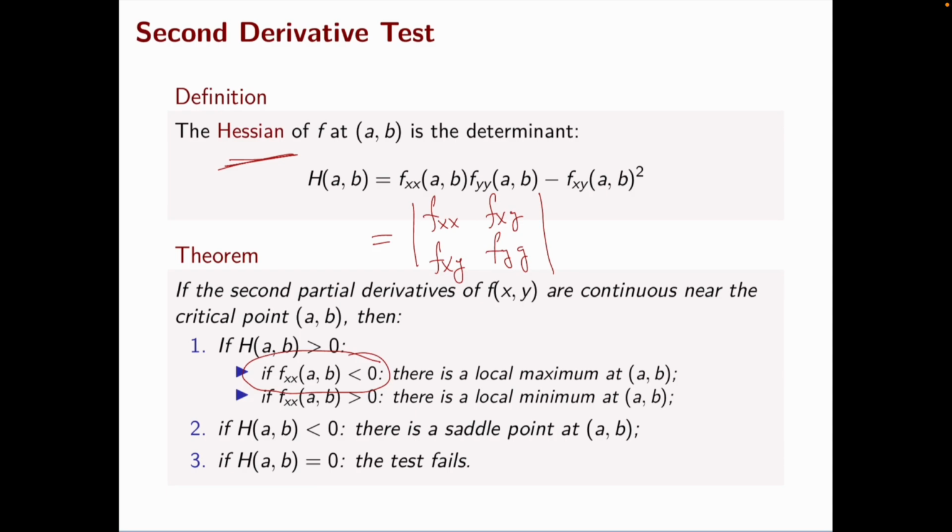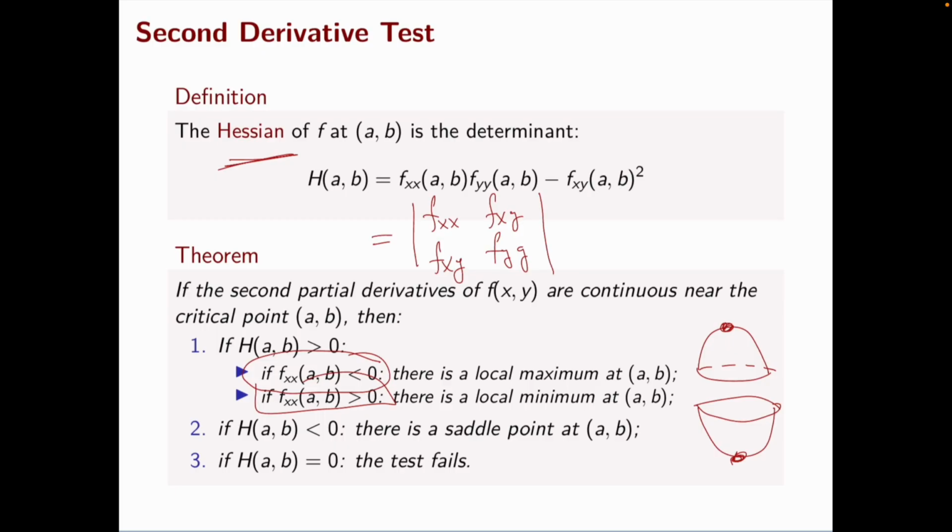If this derivative is negative, I mean, if it's negative down, we're going to get that it is a local maximum, something that looks like that. And if this second derivative is positive, like this, then we are going to have a minimum.